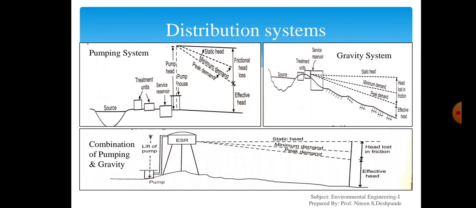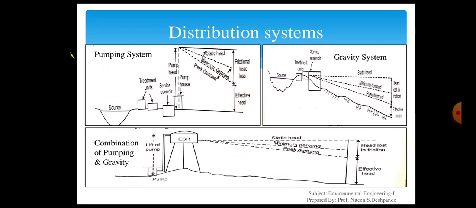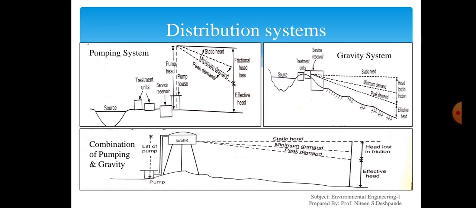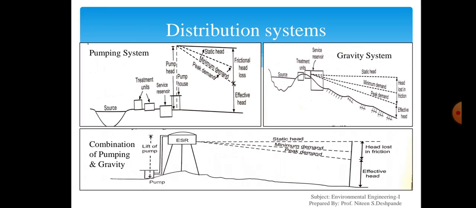So the water is not stored in the reservoirs, it is directly pumped into the distribution mains, and high lift pumps are provided for forcing the water into the mains. Since the demand of water is fluctuating, which means it changes with time, the pumps have to operate at various rates during the whole day.